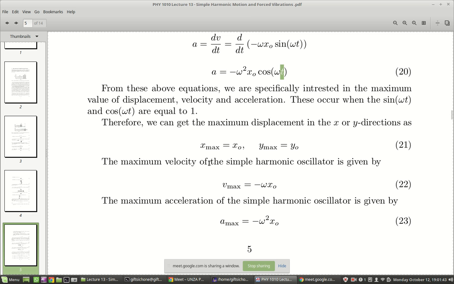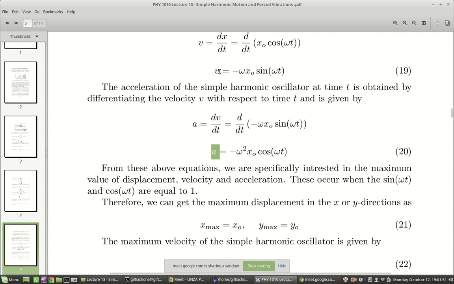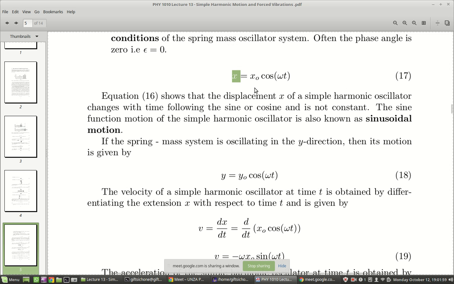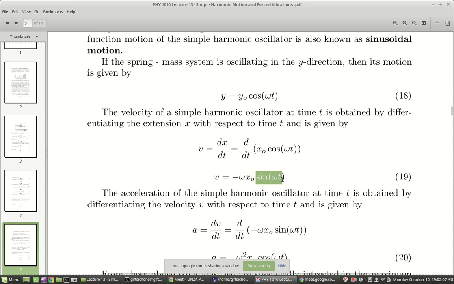So, simple harmonic motion is one of those few examples of motion where the position is changing, the velocity is changing, and the acceleration is also changing. The acceleration is not constant. It is also changing.